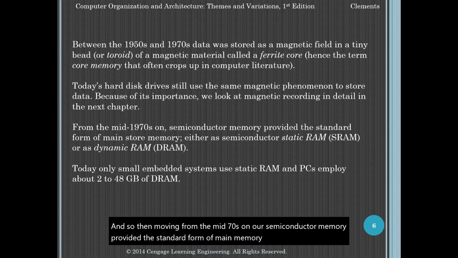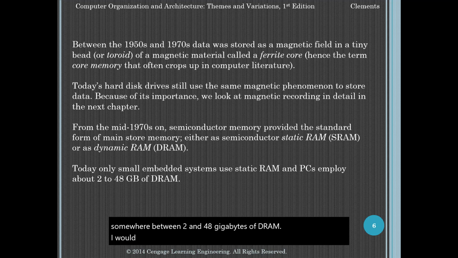either static RAM, or sometimes SRAM, or dynamic RAM, which is DRAM. Today, we only have a small number of embedded systems that use static RAM. Most PCs that you're aware of probably employ somewhere between 2 and 48 gigabytes of DRAM. I would say some of you probably have 16 gig.